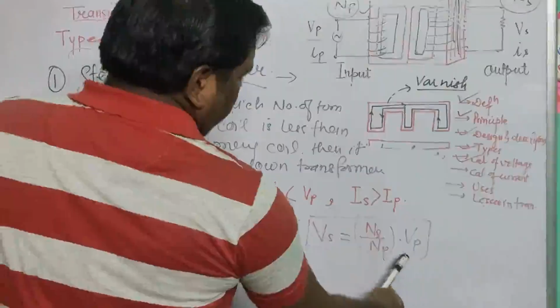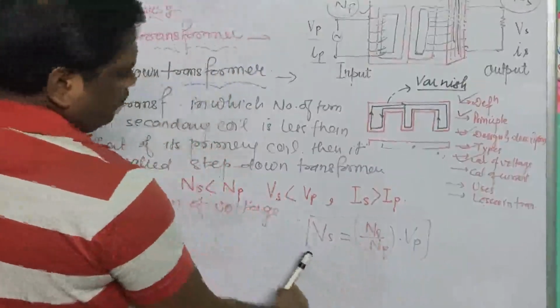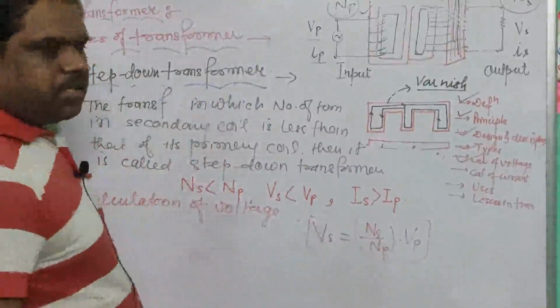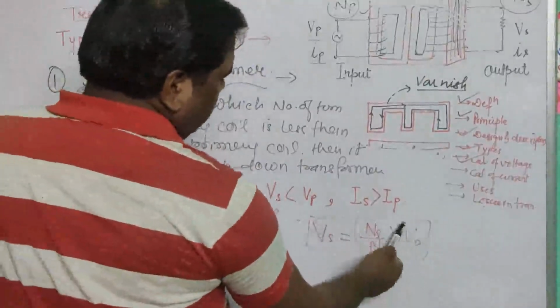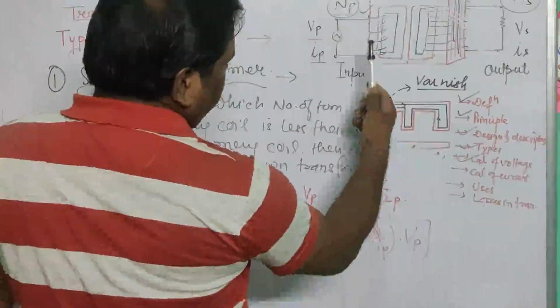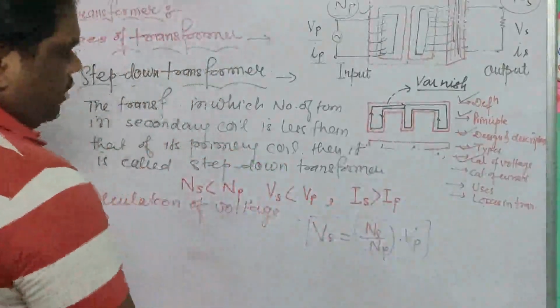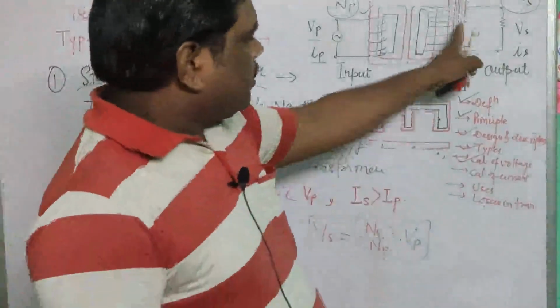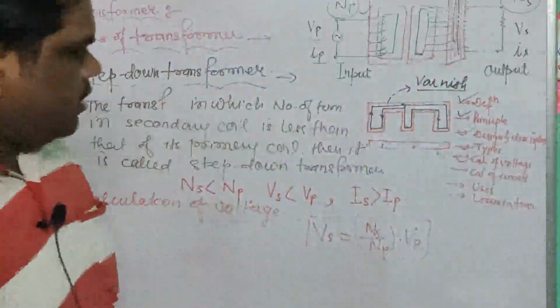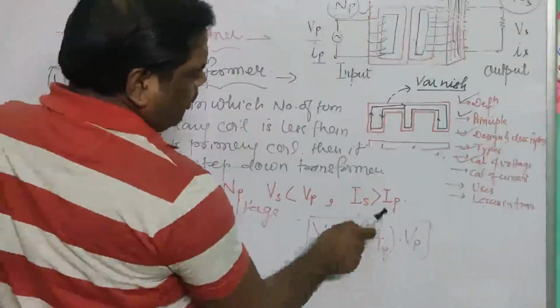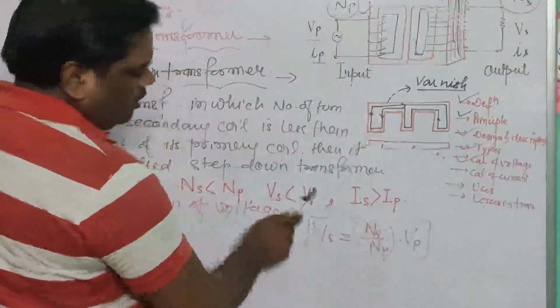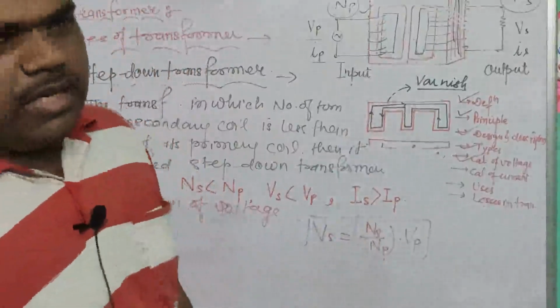When Ns increases, then Vs also increases. When voltage across primary coil increases, then correspondingly voltage across secondary coil also increases. When this ratio becomes more than 1, then Vs increases.